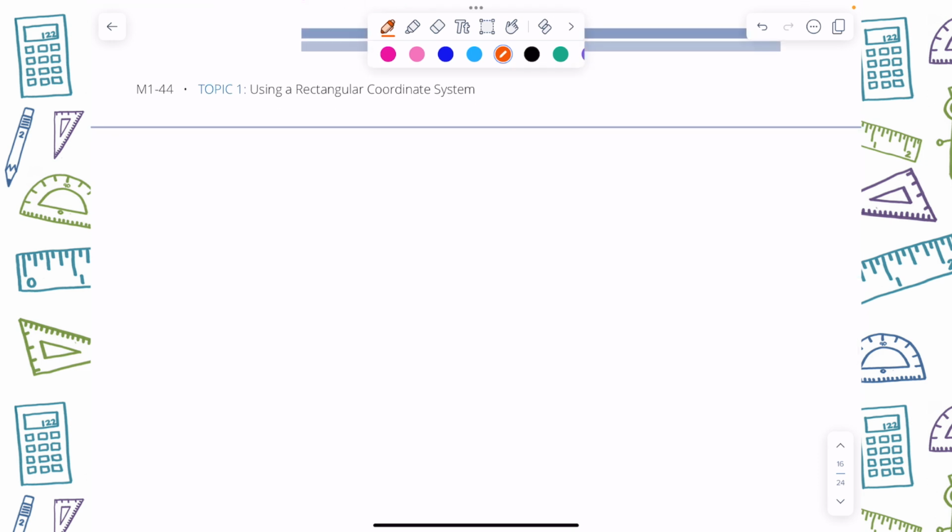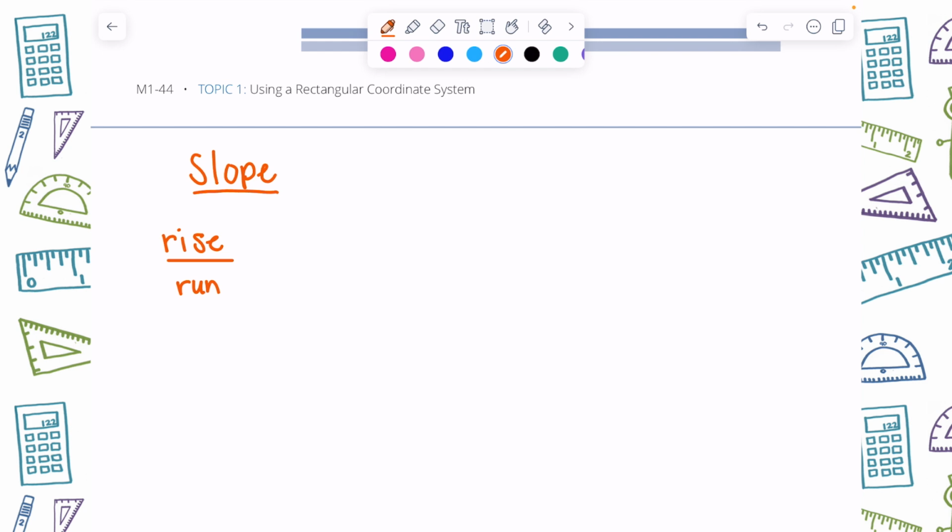When you are finding slope, if you're given a graph, so if you're given a line on a coordinate plane, you can do rise over run. You can also use the slope formula to find slope. That can be whether you're given a graph or if you're just given 2 points.